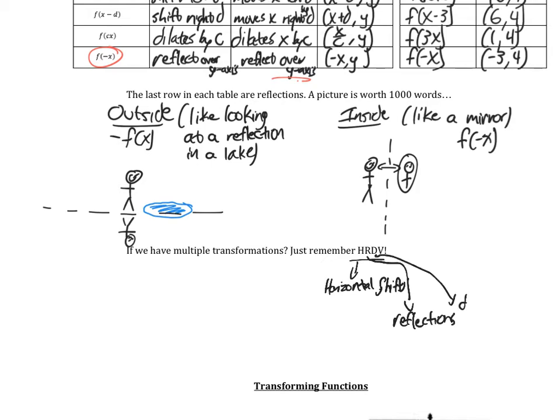D, dilations. And then V, vertical shifts. So if you encounter multiple transformations in one function, you're going to do horizontal shifts first, reflection second, dilations third, and vertical shifts last. Those are the order of operations in which to complete all of these.